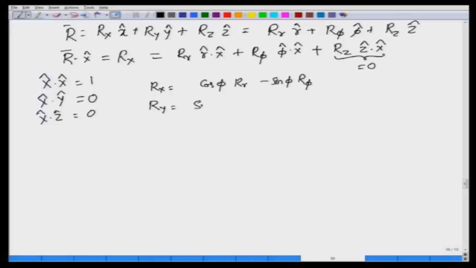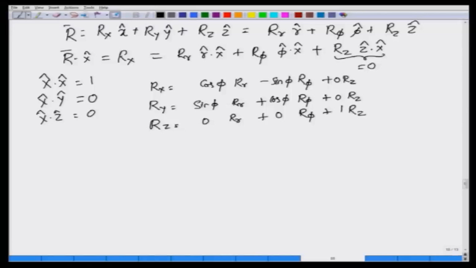This will be equal to sin phi rr plus cos phi r phi plus 0 times rz, just to complete the equations. I can also write down rz as 0 times rr plus 0 times r phi plus 1 times rz.